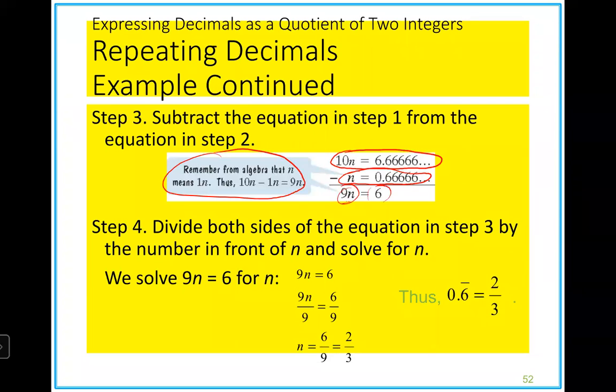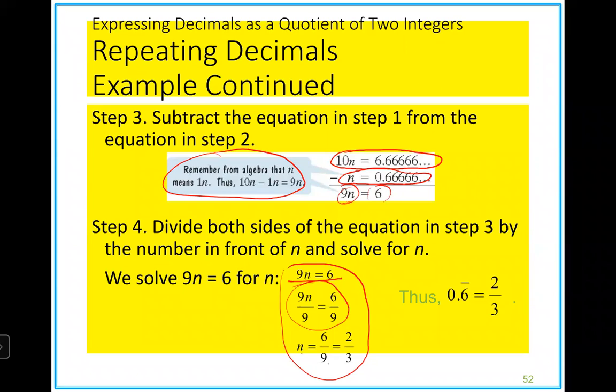Now they say divide both sides of the equation in step 3 by the number in front of n. So we want to solve for n. If 9n is equal to 6, then n would be equal to 6 over 9. They show the working here: if 9n is 6, we divide both sides by 9 to get n.